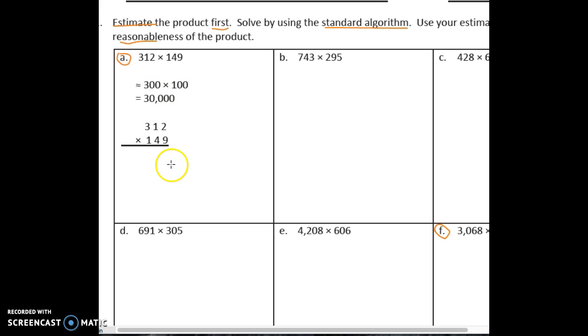And when you do this on your calculator, what I'm going to ask you to do is go ahead and go full on, the way you would if you were multiplying in your head to come up with your partial products. But instead of saying 9 times 312, you don't do that in your head, do you? You go 9 times 2 is 18.